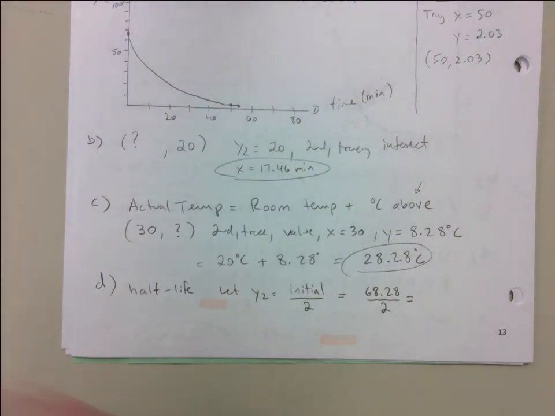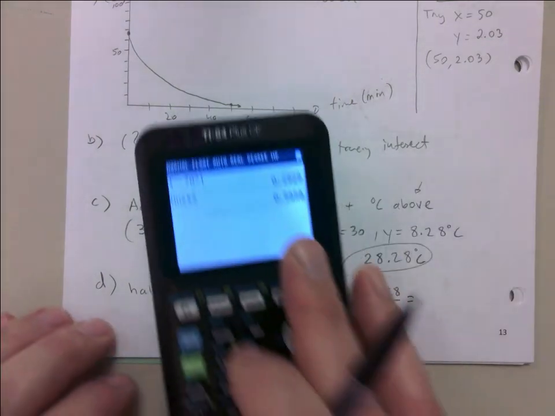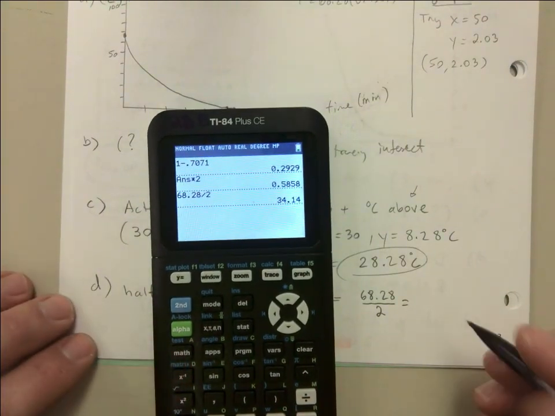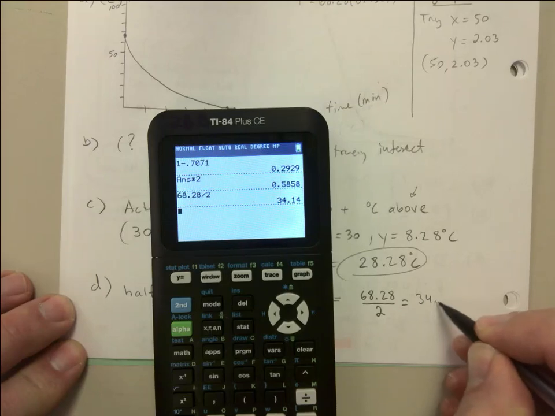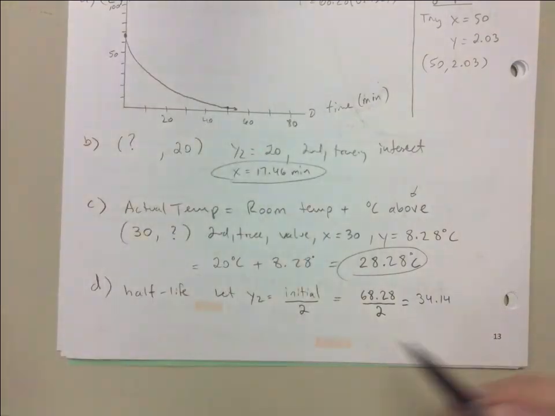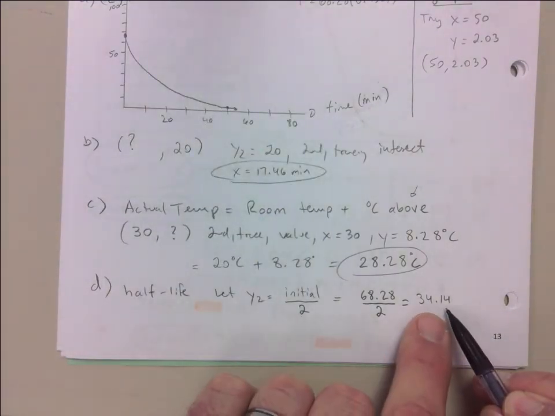Because remember, temperature is going to drop. That's why there's no such thing as doubling time on a decaying function. There's no such thing. It's half-life. You're dropping every time. I should be able to do this one without a calculator, but I don't want to make more mistakes today. Enough is enough, right? So we let y2 equal 34.14.